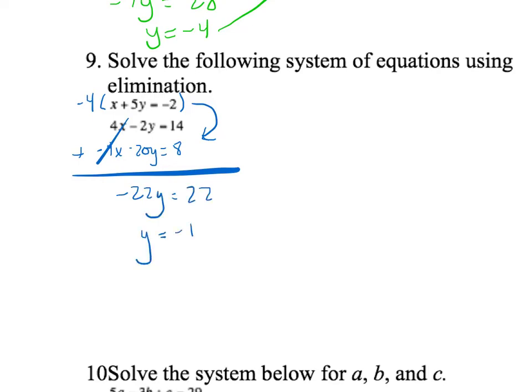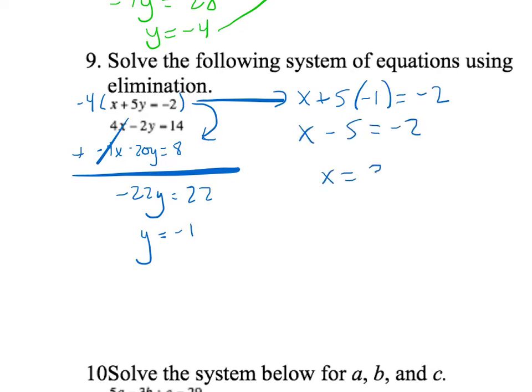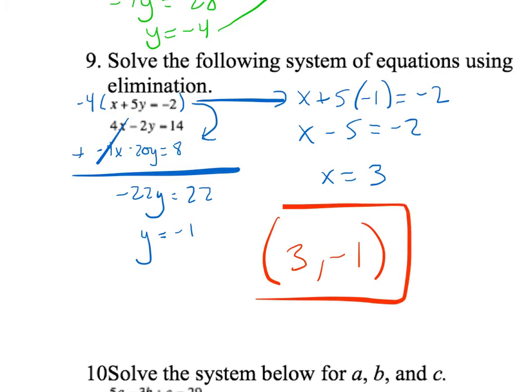So y is negative 1. Once you have y, you're going to come up to one of the original equations, like this one, and put in y. So for this one, our final answer is 3, negative 1.